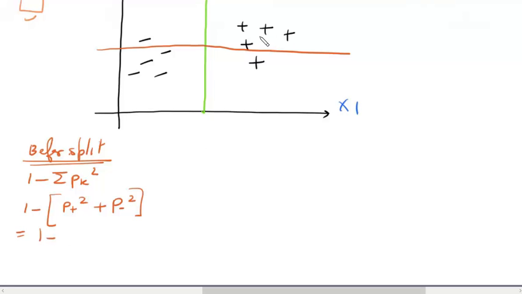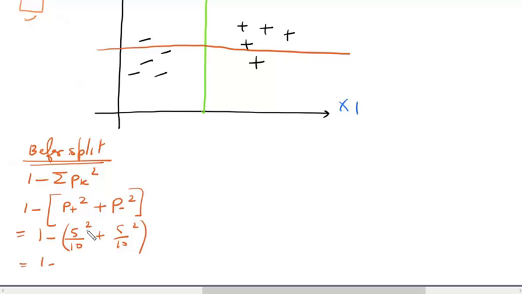What is the proportion of plus? I have 1, 2, 3, 4, 5 points in plus, and in total I have 5 points in minus also. So the total becomes 10. This is the proportion, remember. So it is 5 by 10 whole square, and once again 5 by 10 whole square because I have 5 plus points and 5 minus points.